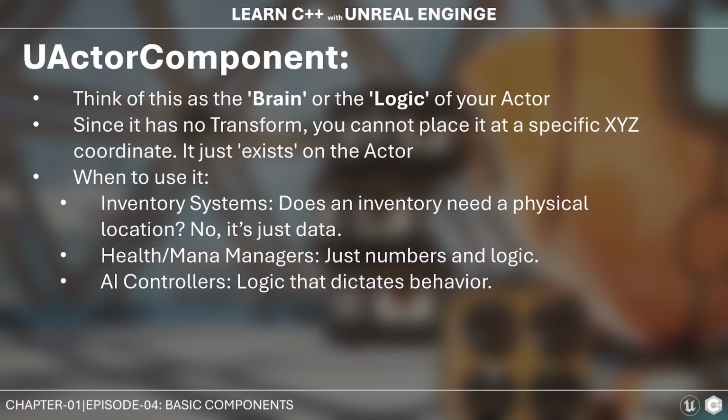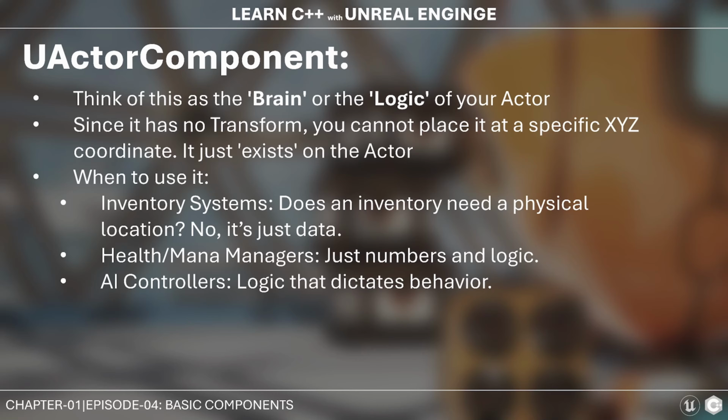When we are talking about UActorComponents, it's important to think of it like a brain or logic for our actor. Since it has no transform, you cannot place it at a specific position in our blueprint. It just exists on an actor. A use case is an inventory system.